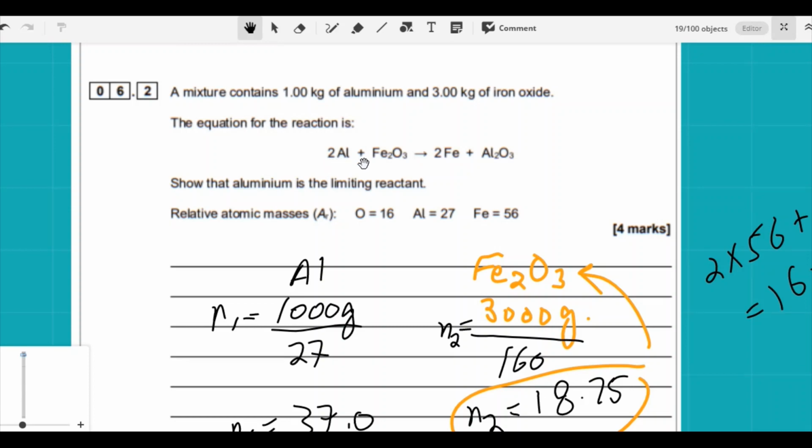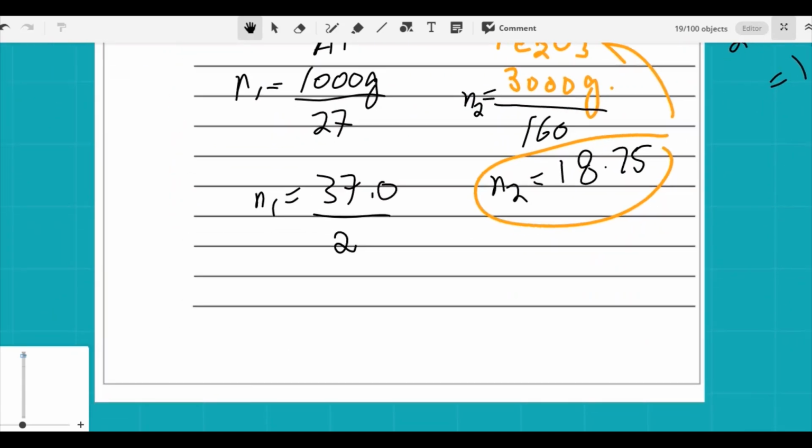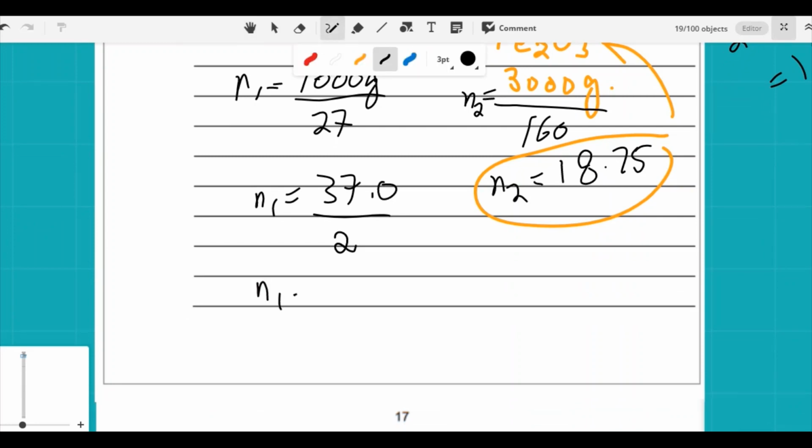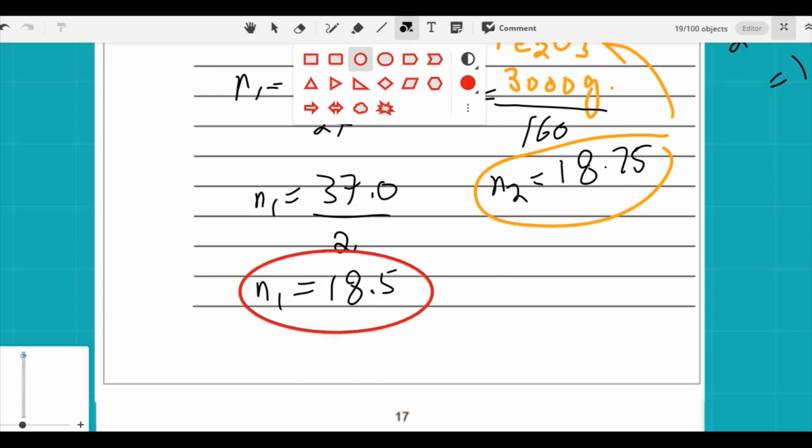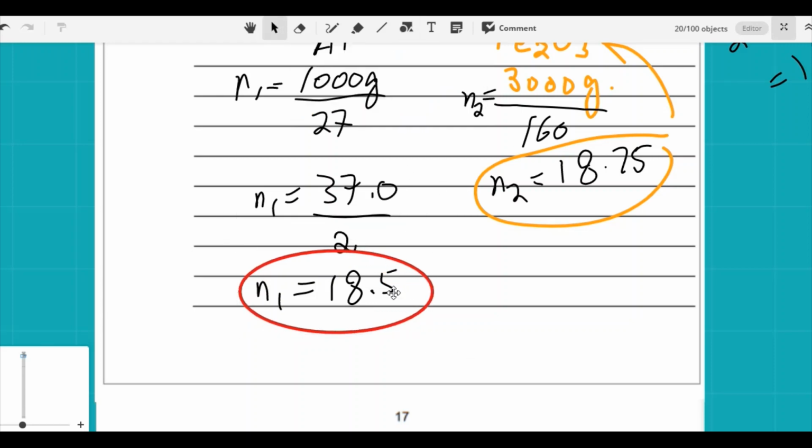So when you divide N1, 37.0 divided by 2, you get 18.5. Here you can see that 18.5 is the smaller value compared to 18.75. So that's why aluminum is the limiting reactant.